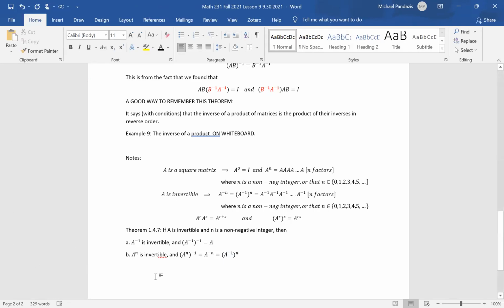So the inverse of A to the n is A inverse to the nth power. This is all assuming A is invertible and little n is a non-negative integer.